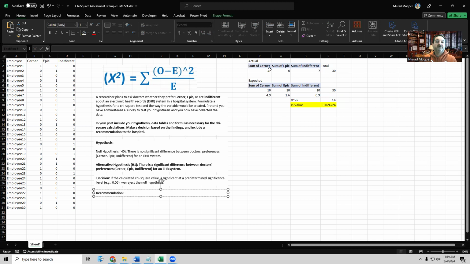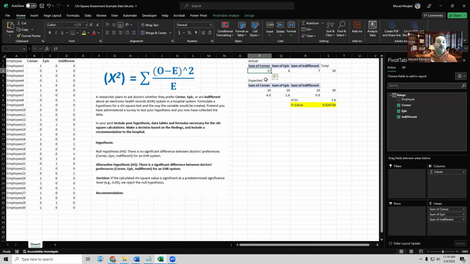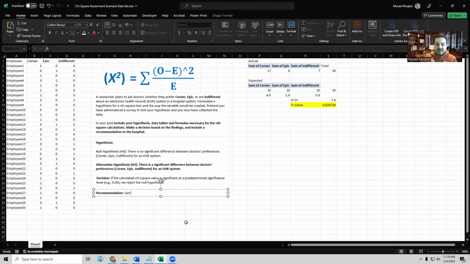The recommendation here is that Cerner has won, and it is significantly different from the other two options. That's all that we can say. Here we can say Cerner won as a choice for EHR selection. I hope this helps, and all the best to you, and thank you.